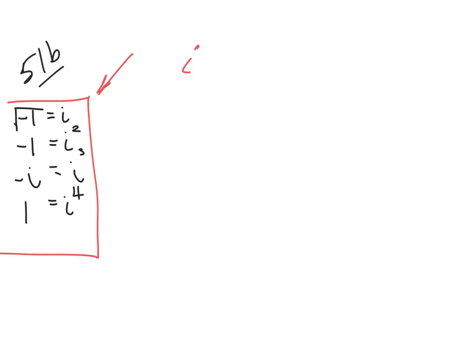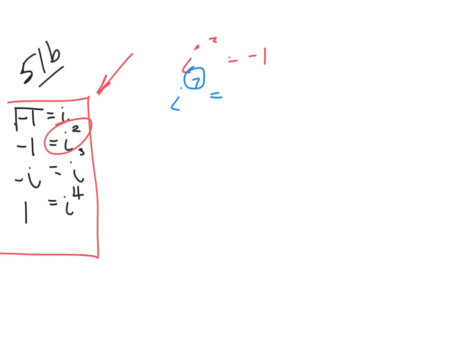So let's say that we have i squared. Well, we look at our list, and i squared is negative 1. What if we have i to the 7th power? Well, my list doesn't go that far. It stops at 4. So I say, how many times does 4 go into 7?